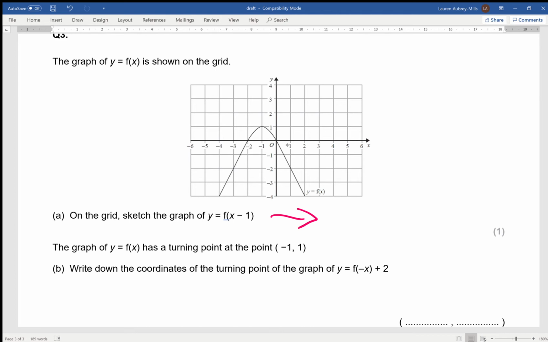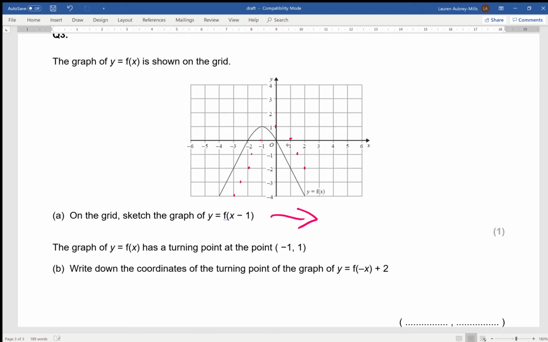My function is now going to be, this is going to be my top point now, and it's going to go down here, and everything's going to be moved along one, roughly.